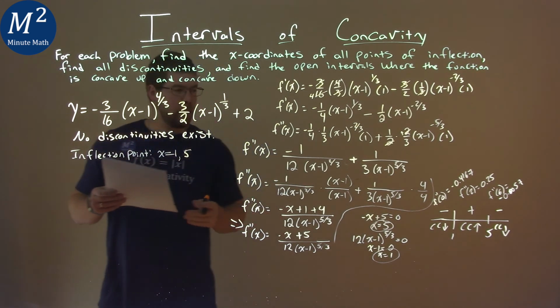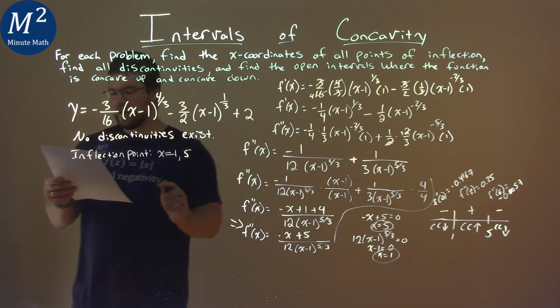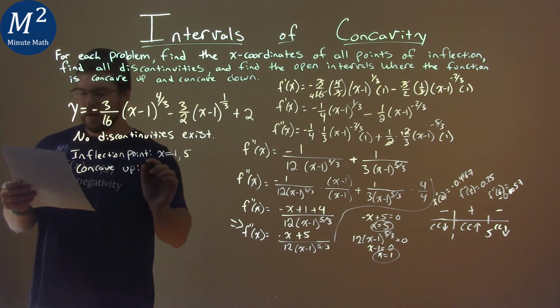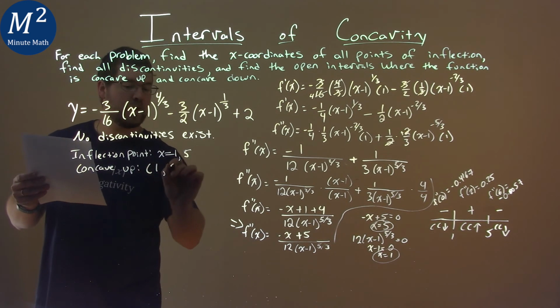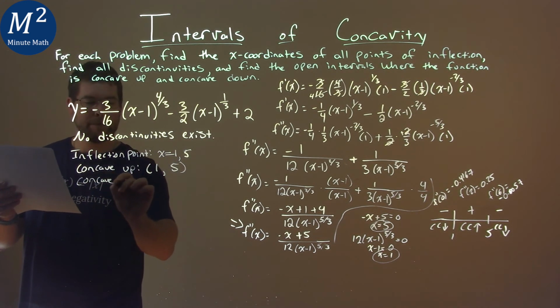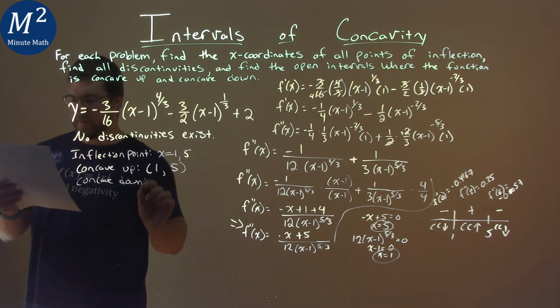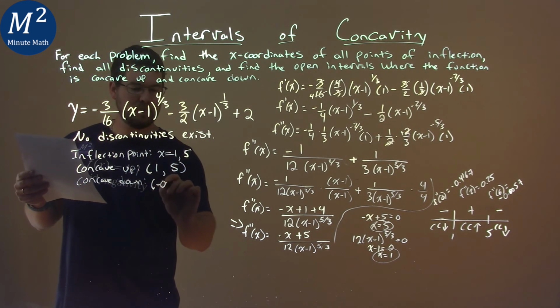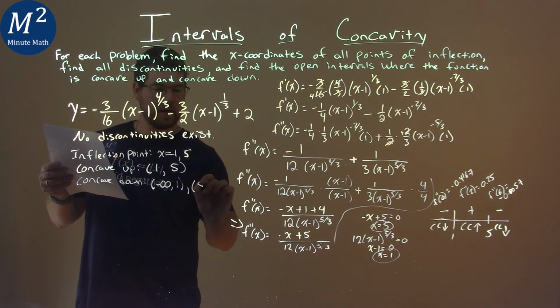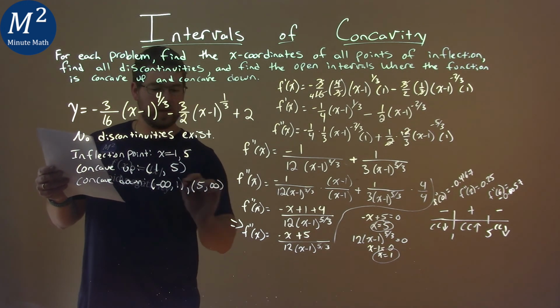Okay, now we're concave up from 1 to 5, so we're concave up on the interval from just 1 to 5, but we're concave down on the interval from negative infinity to 1, and from 5 to positive infinity.